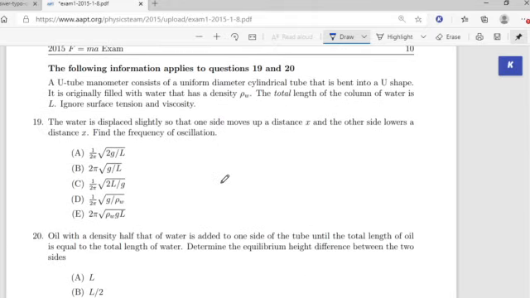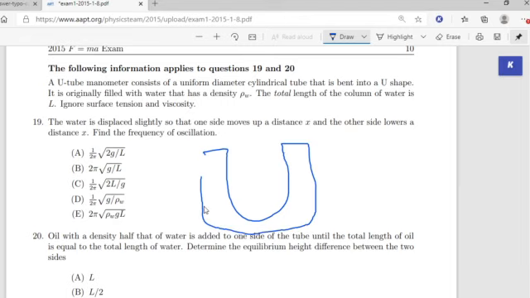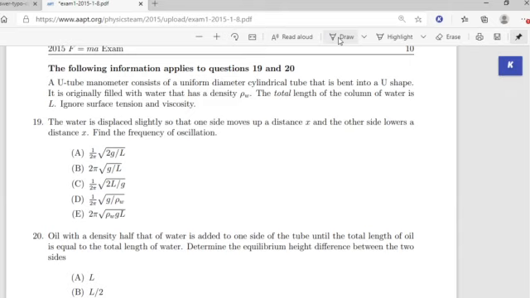Okay, a U-tube manometer consists of a uniform diameter cylindrical tube that's bent into a U shape. It's originally filled with water that has a density of rho sub W. The total length of the column of water is L. Ignore surface tension and viscosity.